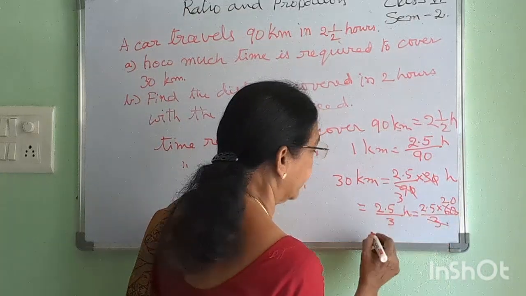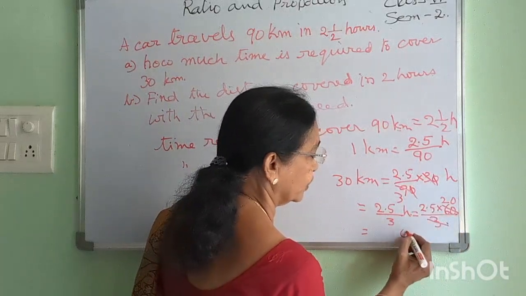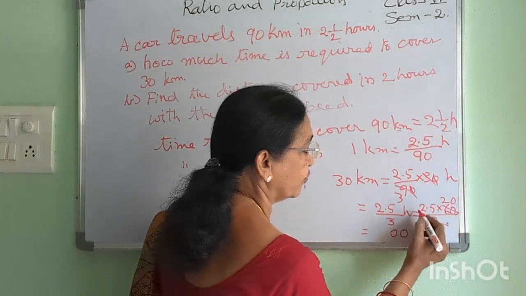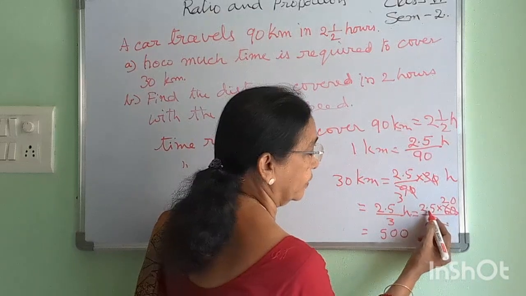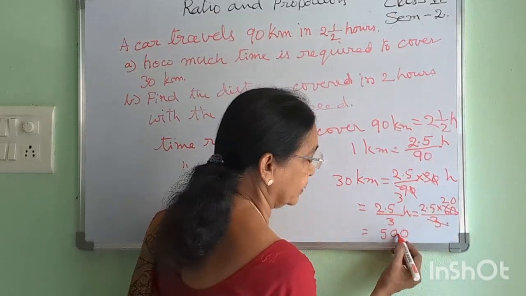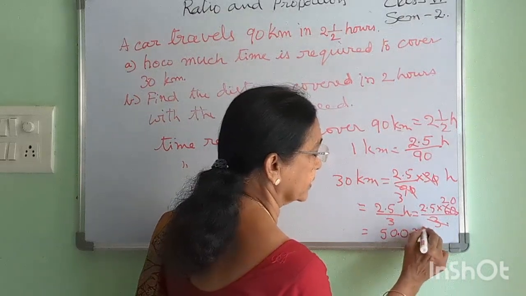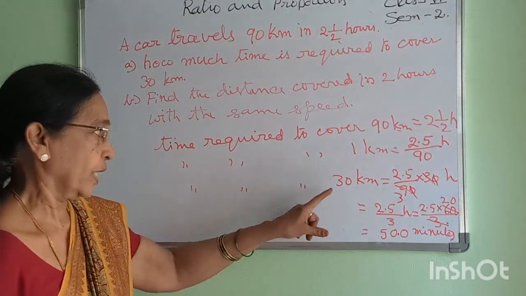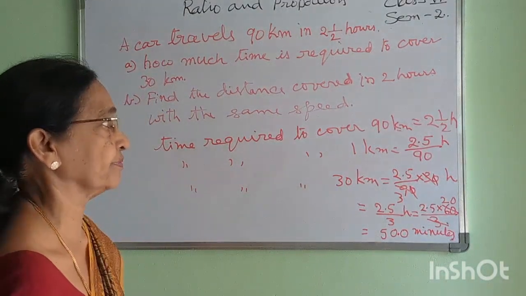Multiplying, we get 0, 2 5s 10, 1 is there, 2 2s 4 plus 1 is 5. As there is a decimal point after one digit, we put the decimal point here, 50 minutes. So time required to cover 30 kilometers is equal to 50 minutes.